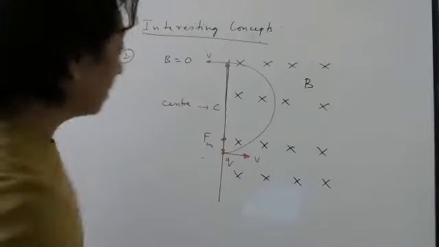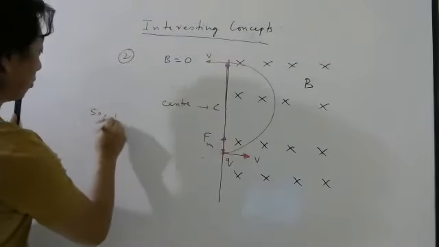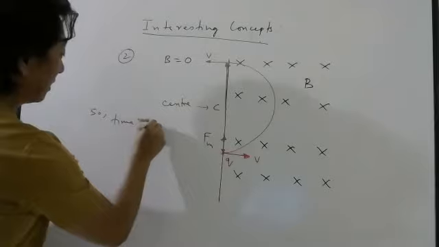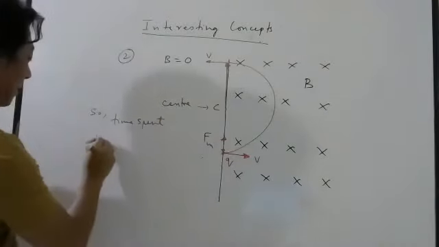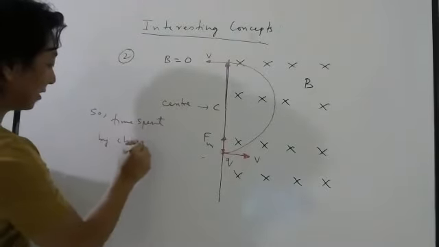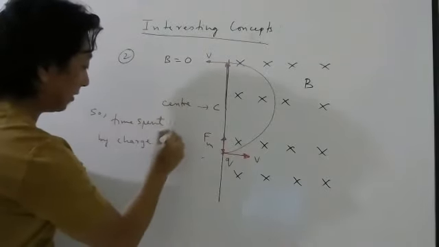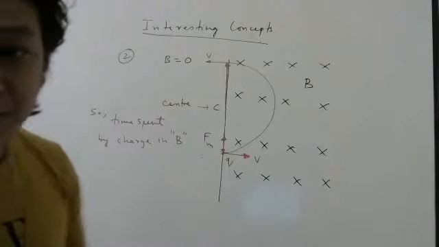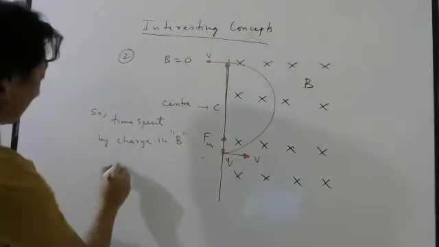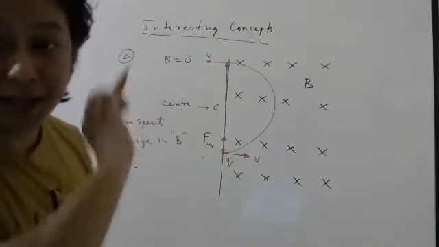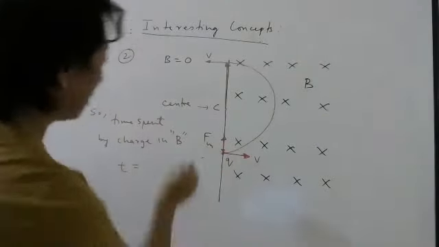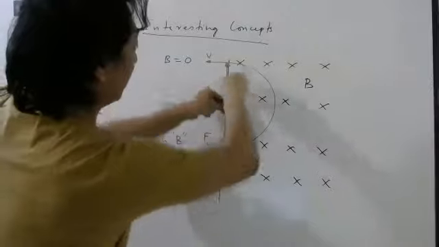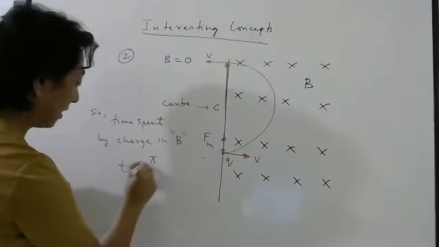180 degrees, right? So if they ask you the time spent by the charge in the magnetic field, that will be the angle covered divided by omega, as you were told before. What is the angle covered by the radius vector? Pi.